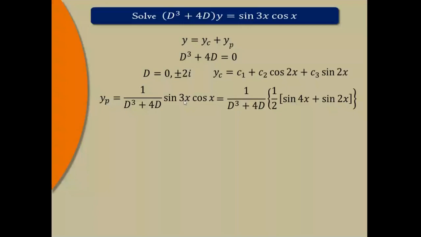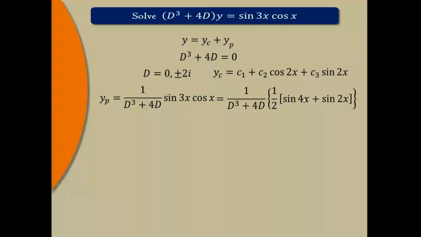We have to convert this into a form where we can use the standard formulas, the shortcut method. The shortcut method for a product is not there, but for a single term we know it, and we cannot separate a product. So we use the formula of sine A cos B, sine(A plus B) plus sine(A minus B). That gives us this term.